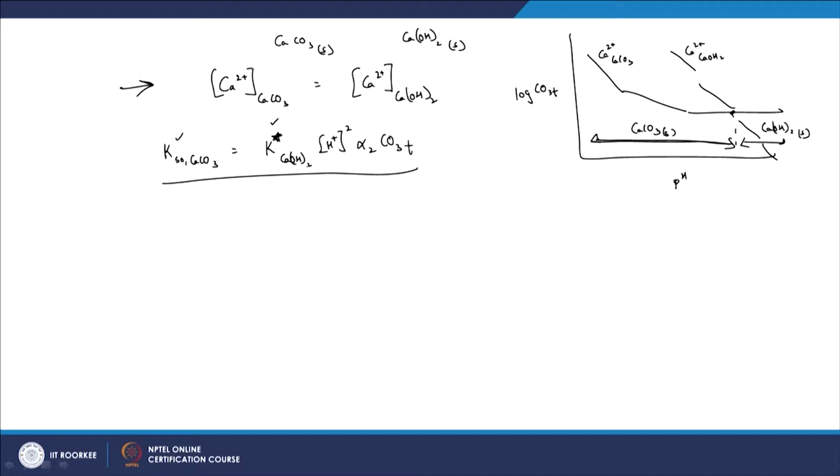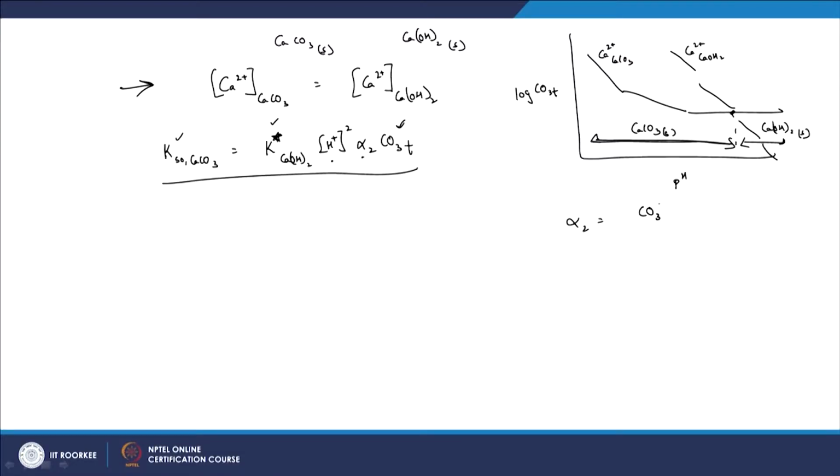And for a given scenario CO3 total is a constant. So, what changes here? You see that alpha 2 will change with pH, and we know that alpha 2 is nothing but CO3 2- by CO3 total.